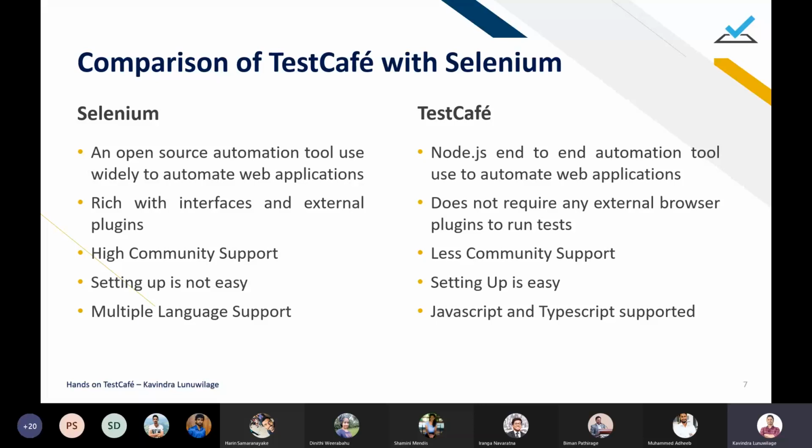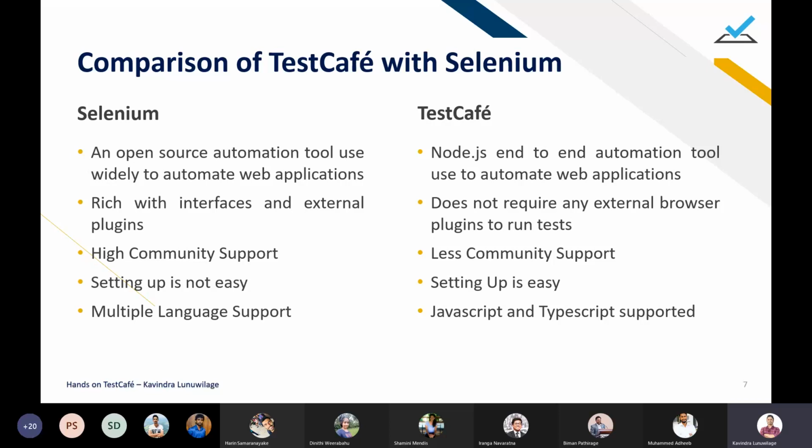So the next slide is about the comparison between TestCafe and Selenium. Most of the things I have previously explained as well. So just to go through this, Selenium is an open source automation tool, widely used to automate web applications. And TestCafe is a Node.js end-to-end automation tool.